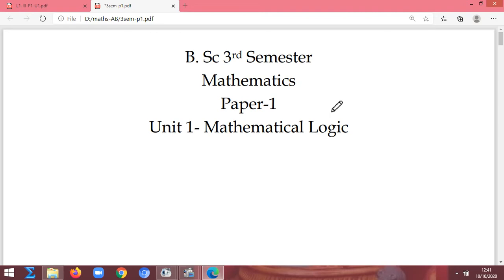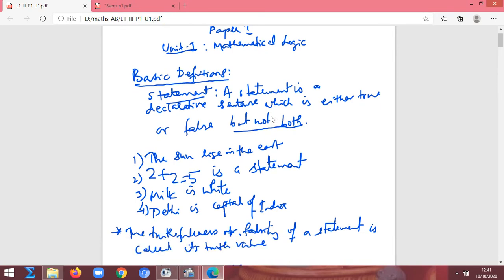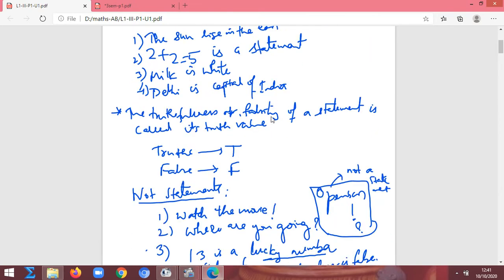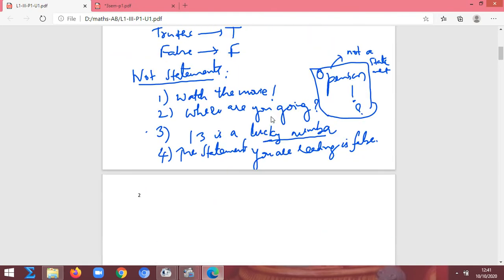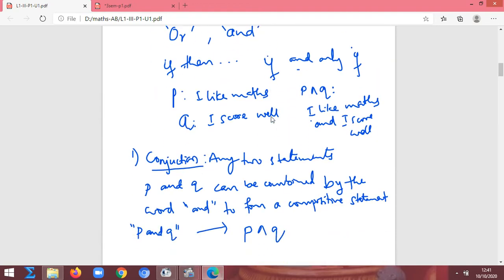Hello everyone. So already we have completed lecture 1 of mathematical logic, that is paper 1 unit 1 of BSc third semester mathematics. So we have seen what is meant by logic and basic definitions, that is statement, truthness of the statement, not a statement examples, logical connectives.